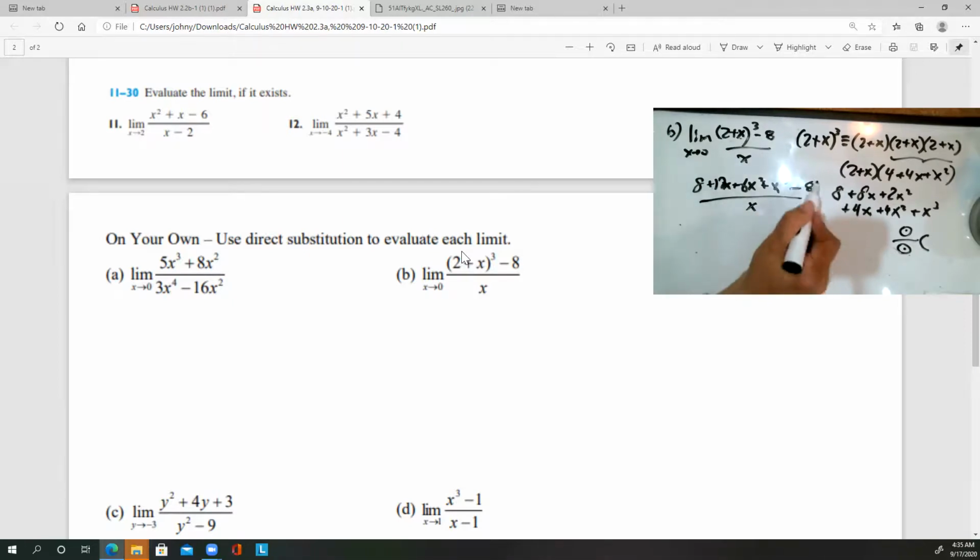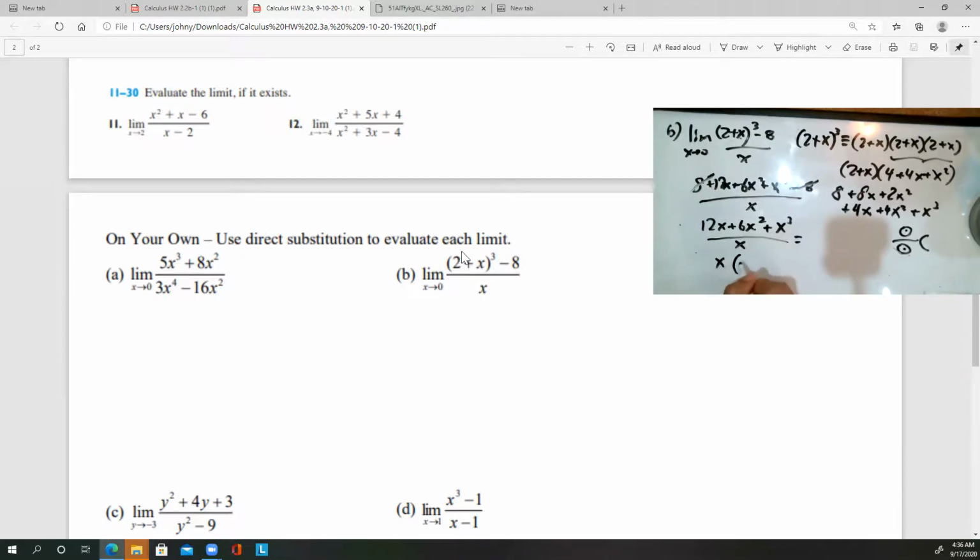So the 8's cancel here. You end up with 12x plus 6x squared plus x cubed all over x. Now, there's something you can do with the numerator. You can factor out an x here, from the first term, the second term, and the third term.